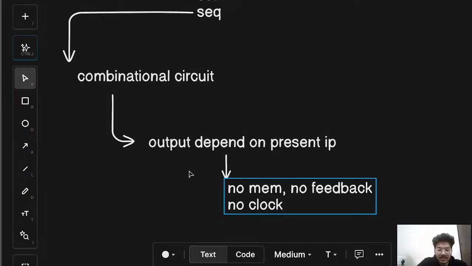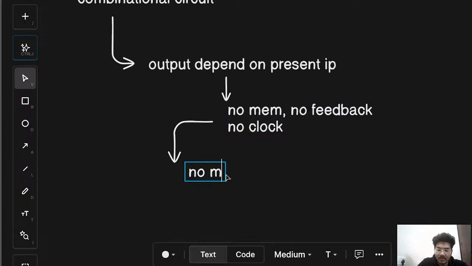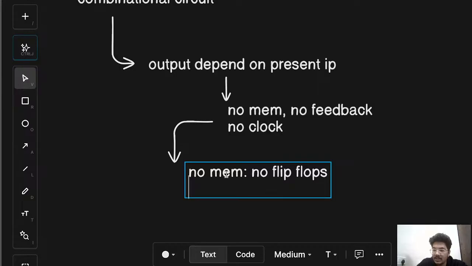No memory means no flip-flops. And there is instantaneous response after propagation delays. The output changes immediately when the input changes.